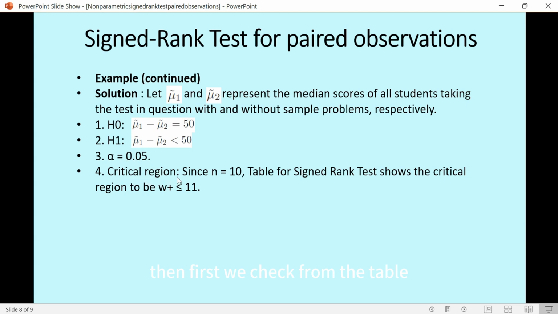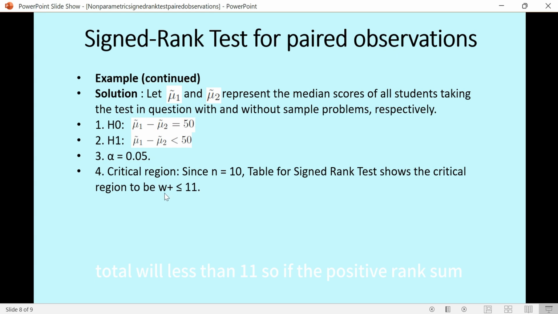Then first we check the table. Because n is 10 observation pairs, so n here is 10, and the signed rank test shows the critical region to be that the positive rank total is less than or equal to 11.